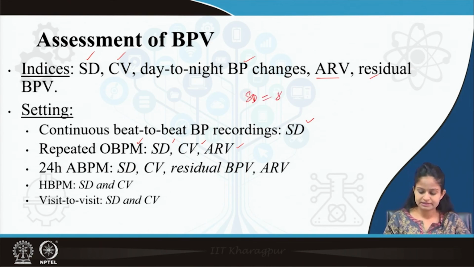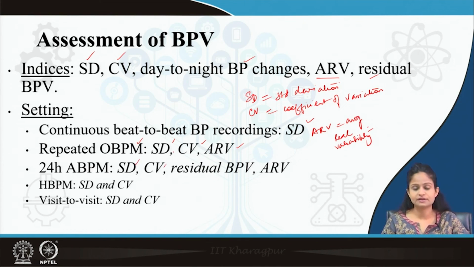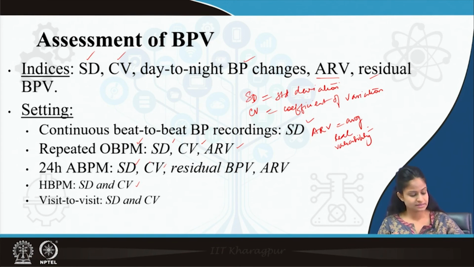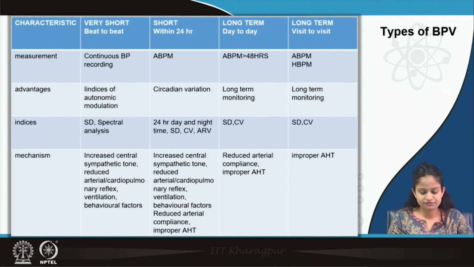So, SD is standard deviation, CV is coefficient of variation, and ARV is average real variability. For 24-hour ambulatory blood pressure monitoring, again we go for standard deviation and coefficient of variation. Then for home based blood pressure monitoring, standard deviation and coefficient of variation, and the same we go for the visit to visit blood pressure recording. So, these are the various types of blood pressure variability, which is given in the form of a chart.